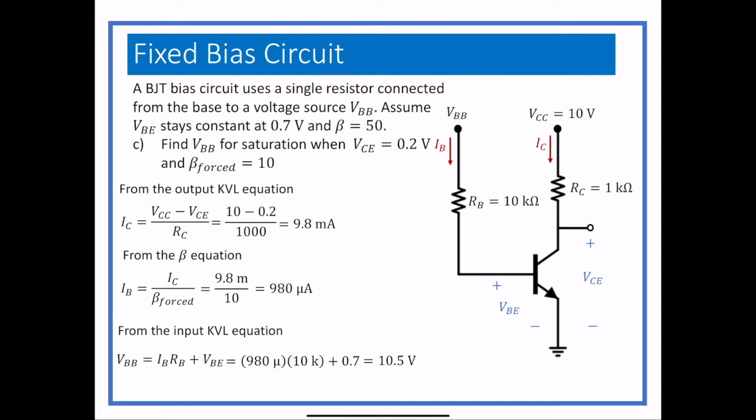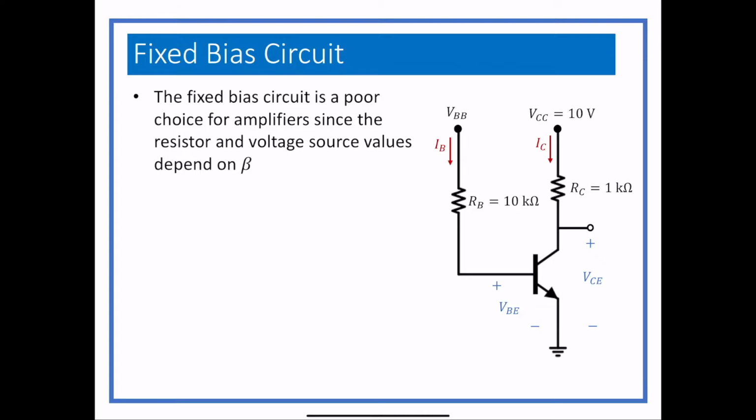All that being said, this particular bias circuit is a terrible bias circuit if you actually wanted to use it for anything. Because part of the reason is you have to have a heavy dependence on beta in this particular circuit, because as it changes, it directly changes a lot. And if you design a circuit like this, first of all, you have two power supplies, which is a real pain.